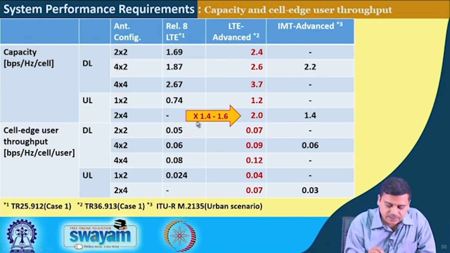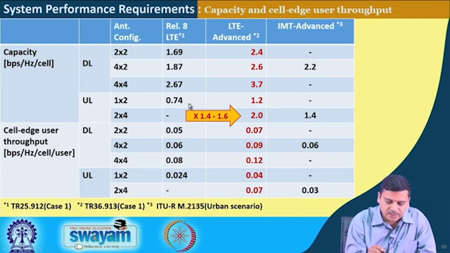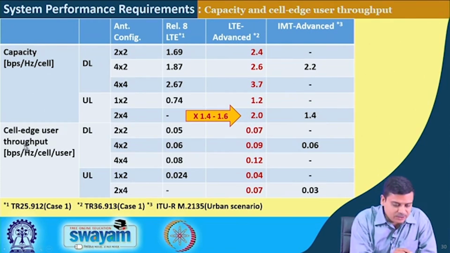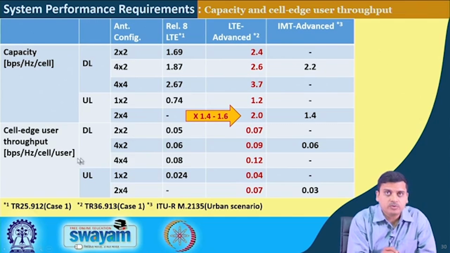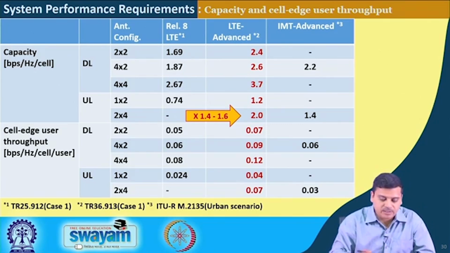What we see over here is that a factor of 1.4 to 1.6 is the increase in the bits per second per hertz per cell as we go from LTE to LTE Advanced, and they are able to meet the IMT Advanced requirements. The cell edge throughput, which again we have described in the previous lecture, describes the bits per second per hertz per cell per user, or which could also be taken as the 5 percentile point of the area spectral efficiency.